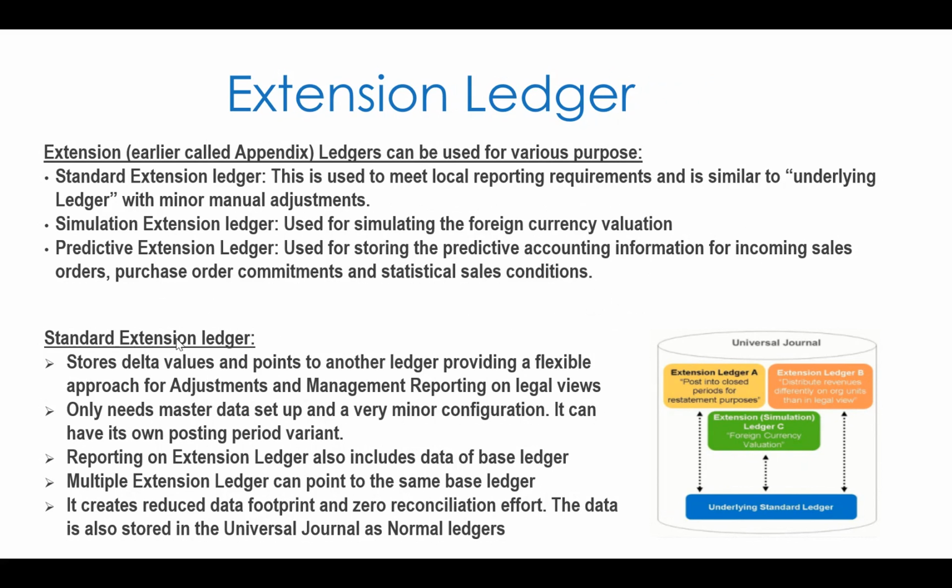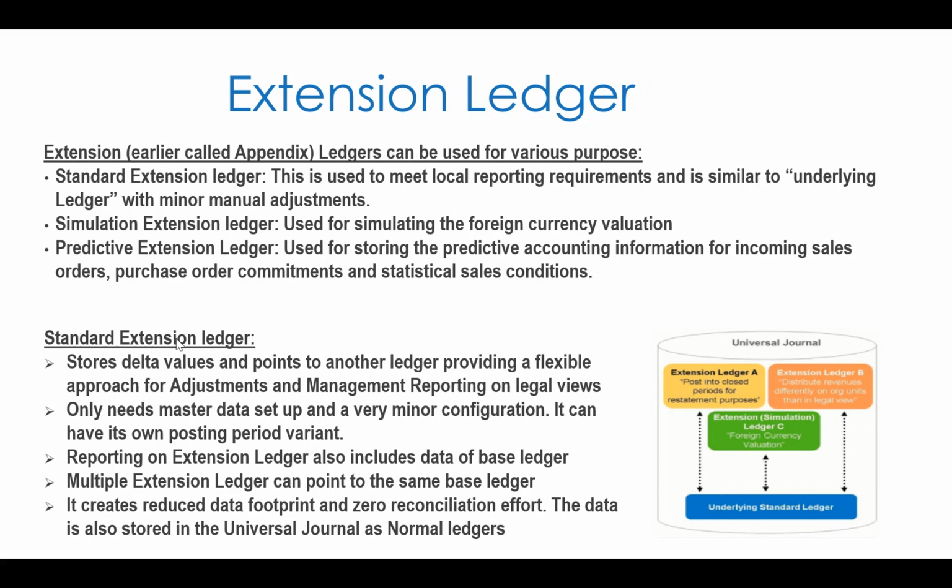Okay, so the extension ledger is very simple to set up. And in fact, it's one of the only ledgers that you can set up if you're doing a brownfield implementation to S/4HANA. So meaning if you were transitioning your current ECC data into S/4HANA, you are normally advised not to set up a new ledger during your implementation, right?